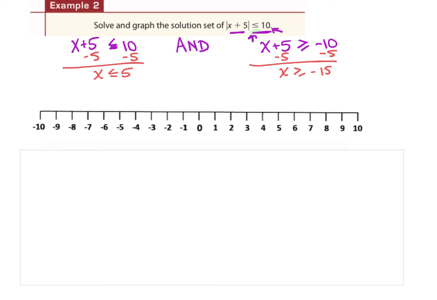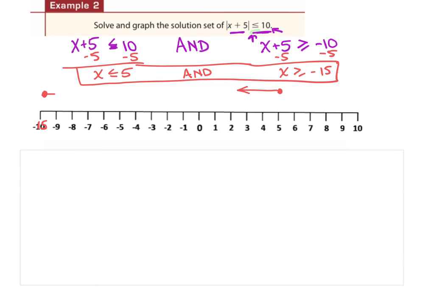And then you just have to figure out if this is an and, so I want where they cross over, okay? So I want where they cross over to graph it. So I start at the 5, closed circle, and go less than. Let's pretend I have a negative 15 down here. Start at negative 15, closed circle, and go that way.